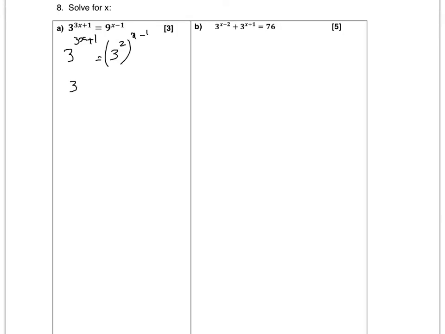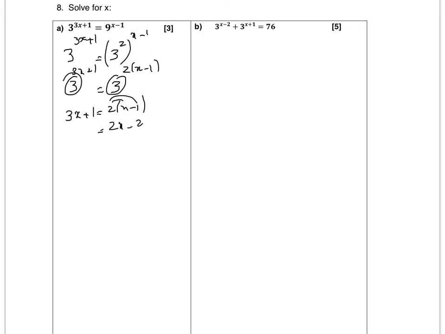Because I have power to a power, I can multiply exponents. Now, since the bases are the same, we know that the exponents have to be the same. So 3x plus 1 is 2 times x minus 1, which is 2x minus 2.